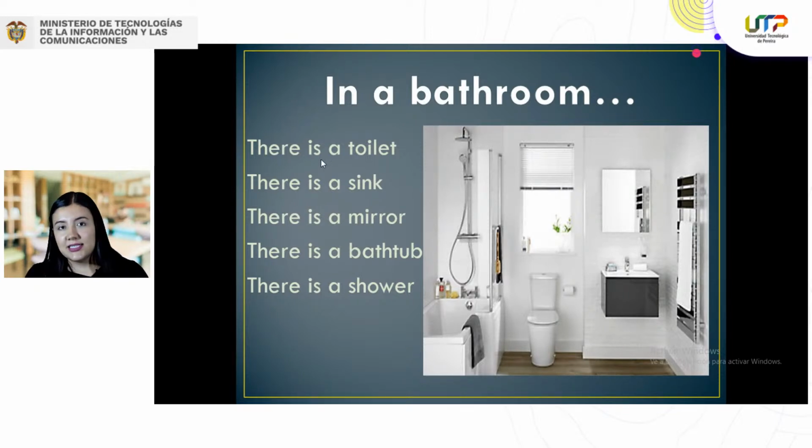There is a sink, that is number 2. There is a mirror, that is number 3. There is a bathtub, that is number 4. And the last one, there is a shower. Así que hay algo en común aquí, es que solo hablamos de una cosa, ¿sí? No tenemos 2 sanitarios en el baño, sino uno.